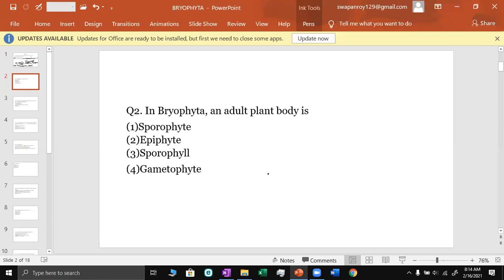Gametophyte or sporophyte? Gametophyte. Yes, the main plant body is the gametophyte. The gametophyte is an independent plant, and the sporophyte is dependent on the gametophyte. After bryophytes, in pteridophytes, the main plant body will be a sporophyte.